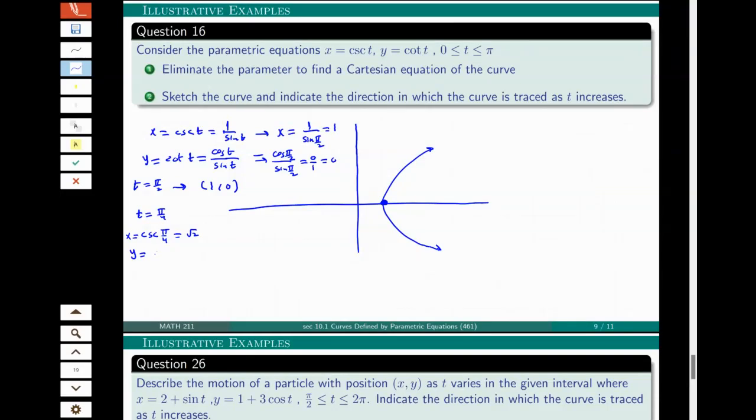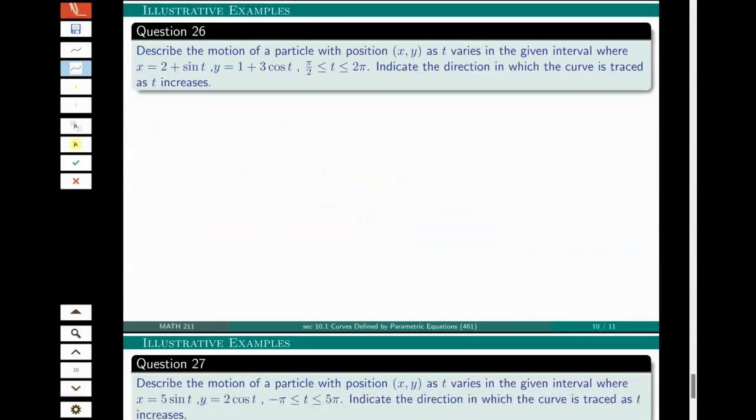And y will be equal to cotangent pi over 4, which is equal to 1. So x is root 2, which is about 1.4, and y is 1. Okay, so the graph will have that direction.